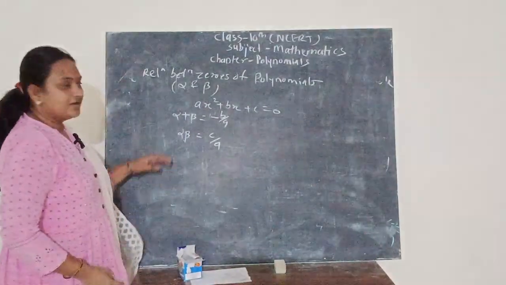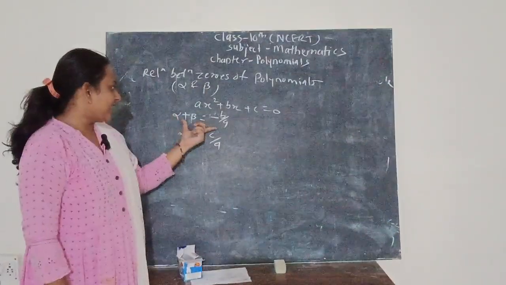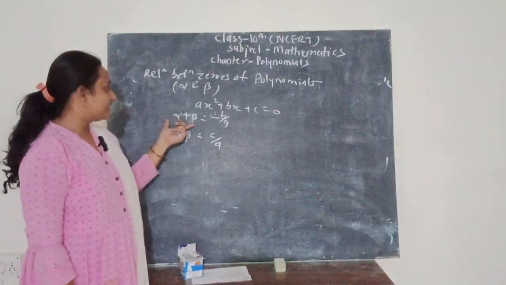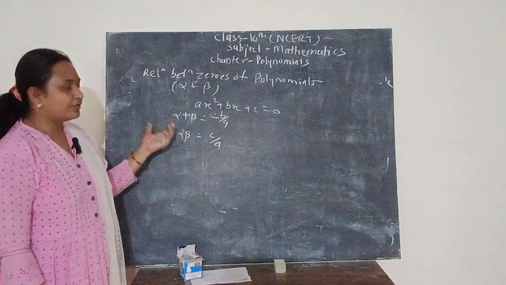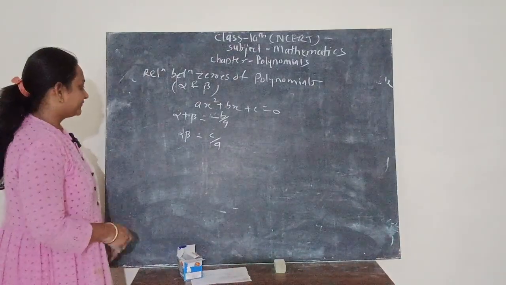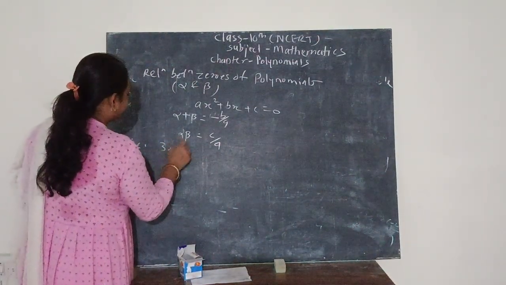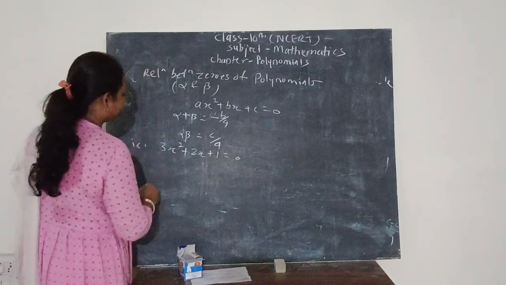In the board exam, this question is often asked: find the value of alpha plus beta or find the value of alpha into beta. So you have to prepare this topic well. We take an example: 3x square plus 2x plus 1 is equal to 0.